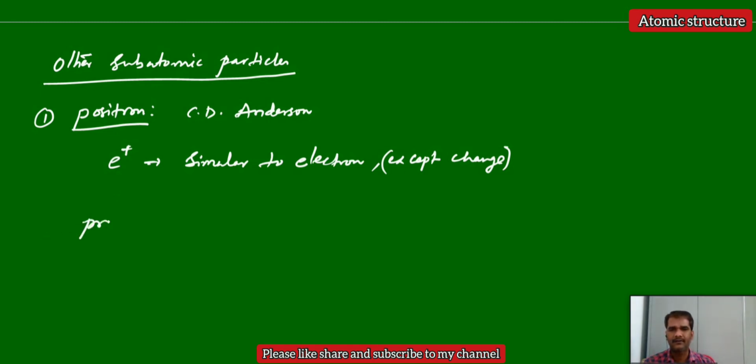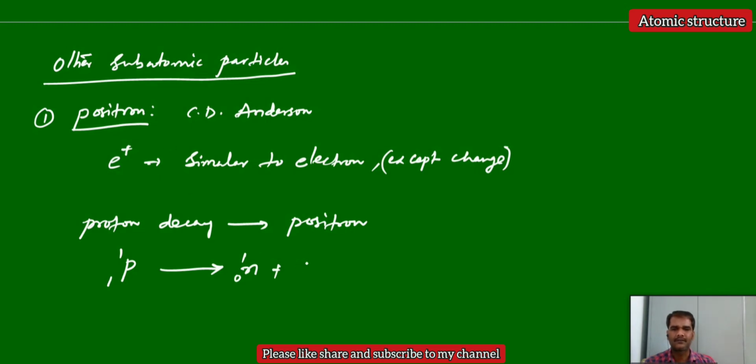Proton decay can be this. These are nuclear reactions. Proton decay can give the positron. The proton is having one atomic number, one mass number. When it undergoes decay, it will give the neutron, where atomic number 0, and one this positron.